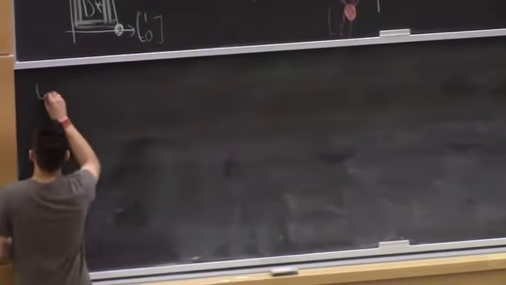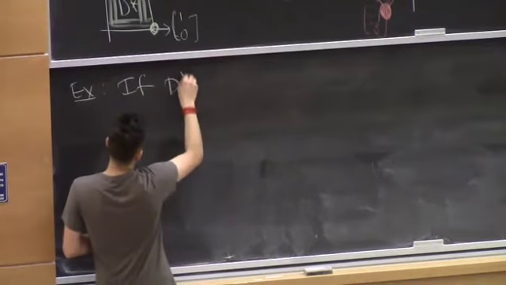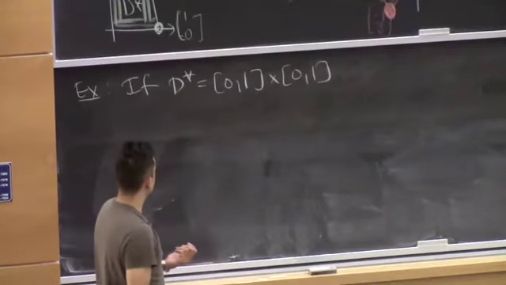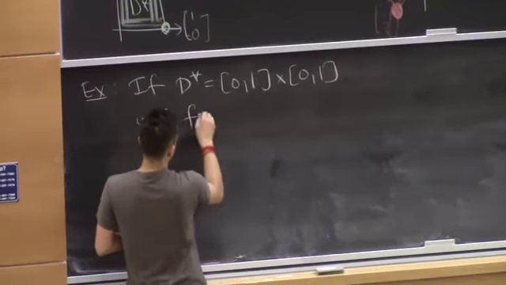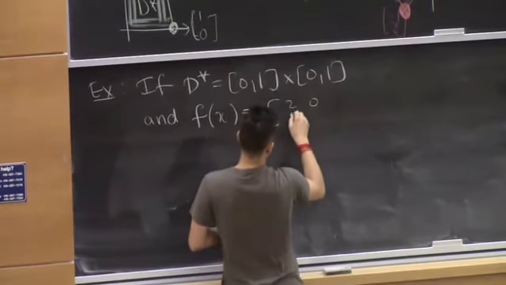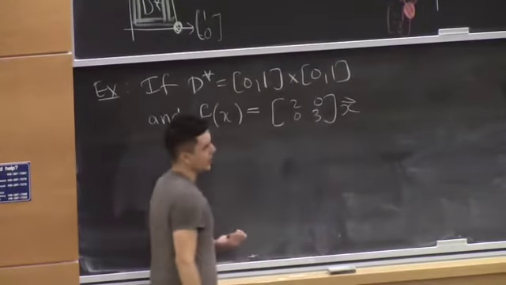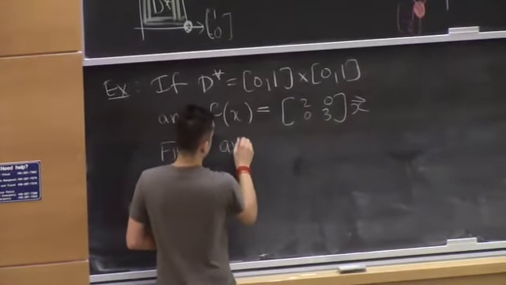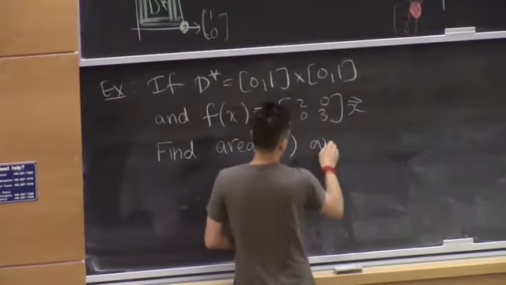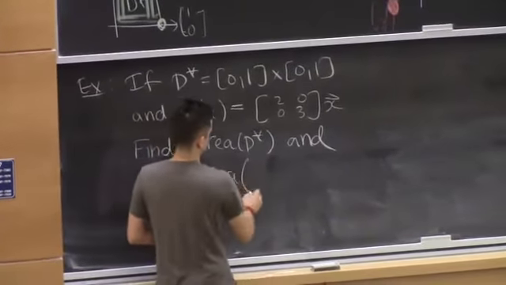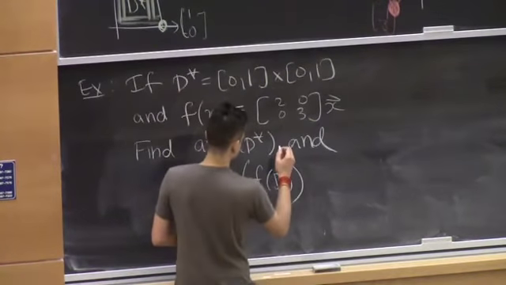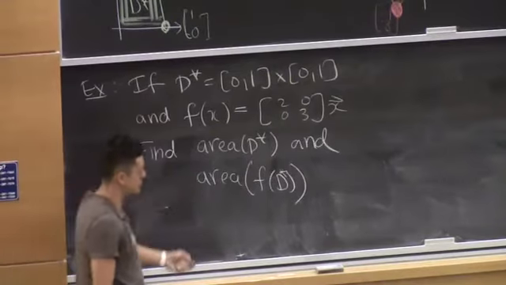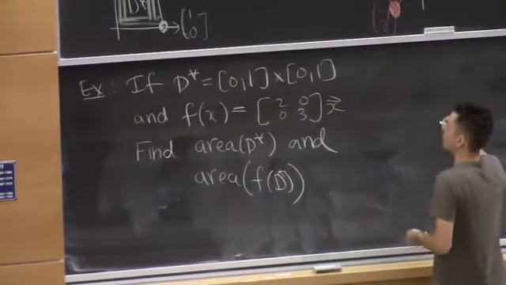So if we've got this domain, and we've got this linear map, okay, we want to find the area of D and the area once we apply this map to D star. So what do we get?